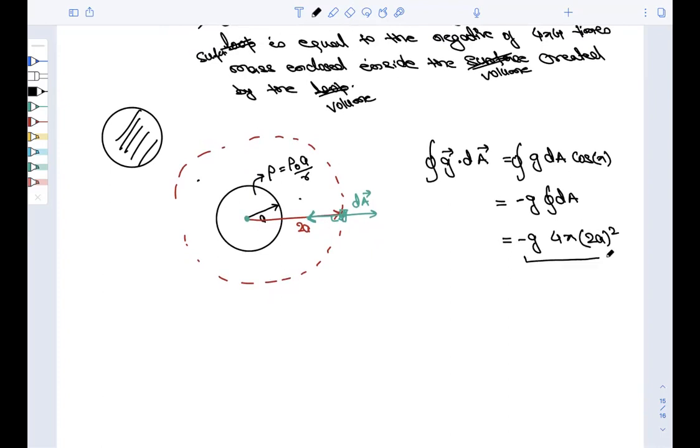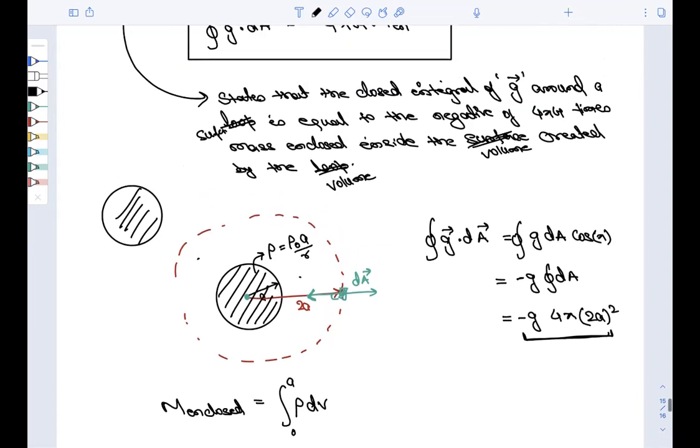Okay, now let us calculate. Yes, mass enclosed. So m enclosed. What will be the m enclosed here? We know that mass enclosed will be rho into dV, from 0 to a. Remember, mass is enclosed in this region only, right?